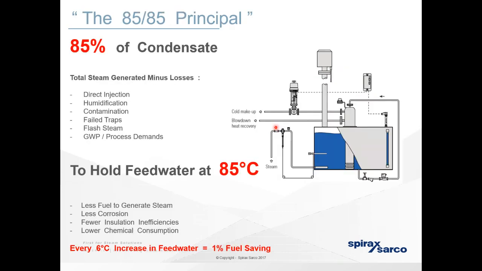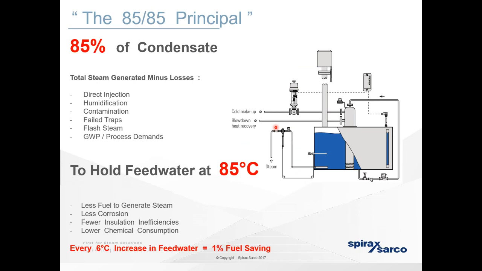We work on what we call the 85-85 principle. If you are recovering 85% of your condensate, your feed tank to your boiler will be around 85 degrees. In an ideal world, we would recover 100% of condensate from the process, such as vessels, calorifiers and jacketed vessels.